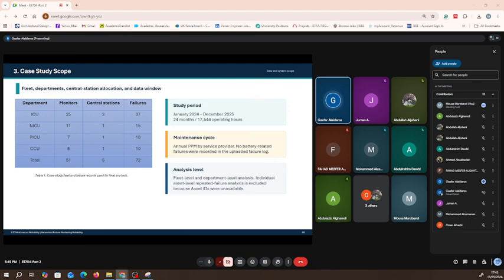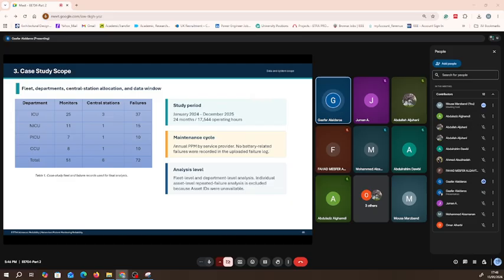This slide summarizes the real case study scope. The selected fleet consists of 51 patient monitors distributed across four critical care units: ICU, NICU, PICU, and CCU. The ICU has 25 monitors and 3 central stations with 37 recorded failures.